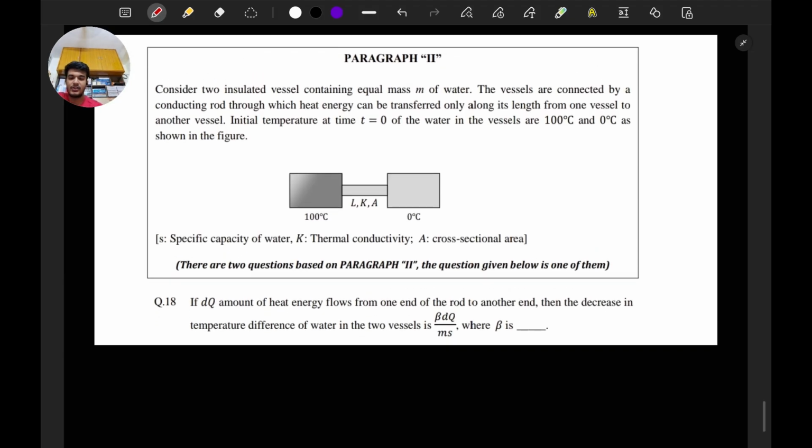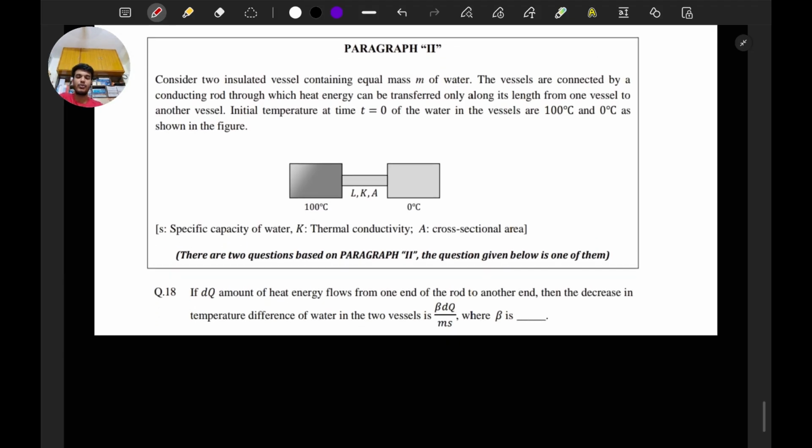The second question says, if dQ amount of heat energy flows from one end of the rod to the other end, which we already wrote while solving the previous question, then the decrease in temperature difference of water in the two vessels is?